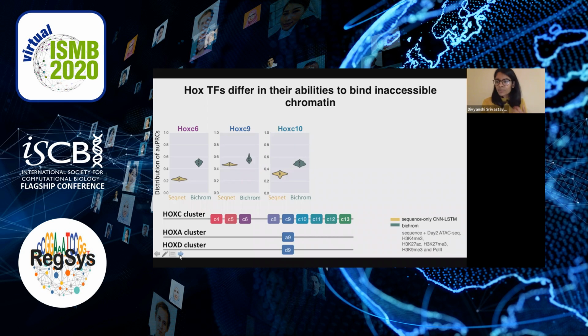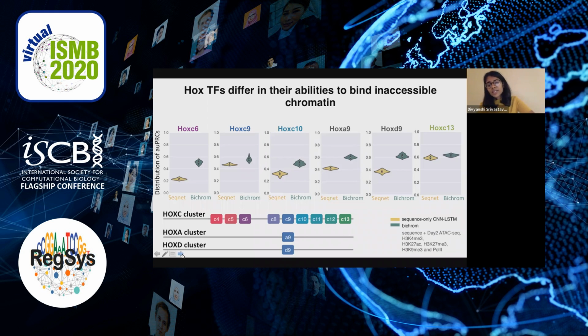We again ran both a sequence-only network and BichromE to predict the binding of these Hoxes. And interestingly, we find that despite being paralogous to HOXC9, both of these transcription factors gain a substantial amount of information from the pre-existing chromatin data, suggesting that they are more dependent on the chromatin landscape, and C9 is unique in its ability among these transcription factors to engage inaccessible chromatin to a greater degree.